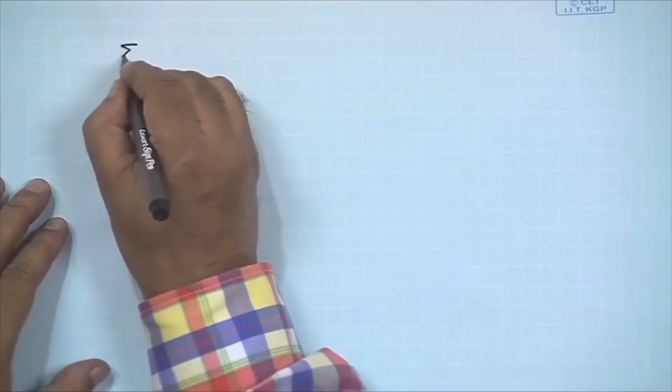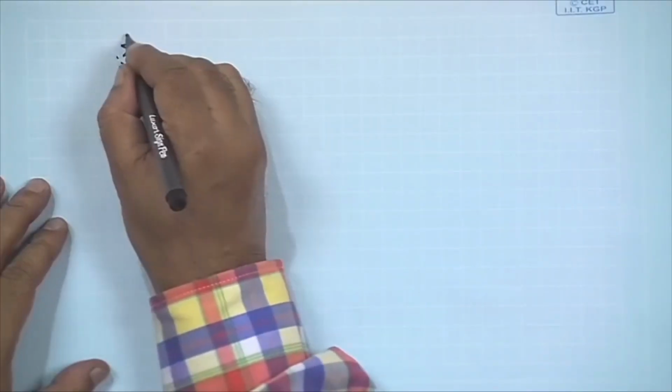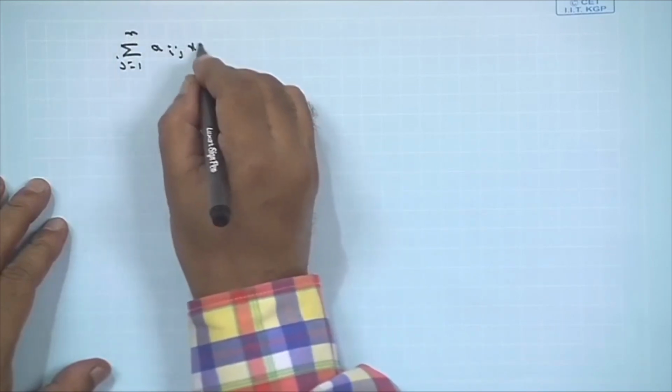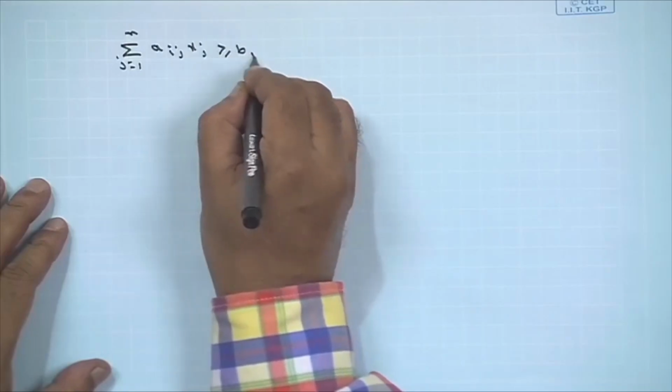Now, the problem manipulation, that is, whenever you have different types of constraints, how to manipulate them to bring them into the standard form. Suppose you have a constraint like this: summation j equals 1 to n aij xj greater than or equal to bi.